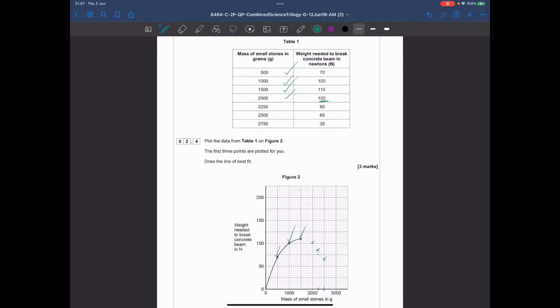And then 2,750 would be 35. Okay, so halfway between is 25, so 2 squares above it would be there. I would then continue my line of best fit, so I can see it goes up, then it decreases. As long as you've got a kind of accurate curve following the data, you'd get the mark for that.